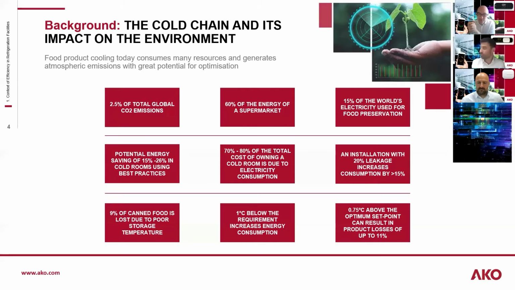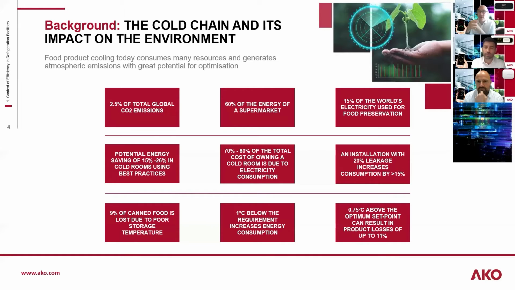If we also talk about product care, it's important to have a very optimized installation because 9% of the food is lost due to poor storage temperature, to an incorrect temperature in the cold rooms or in the cabinets. It's so important to have the right temperature that, for instance, only 1 degree below the required temperature is going to increase your energy consumption by about 3%.